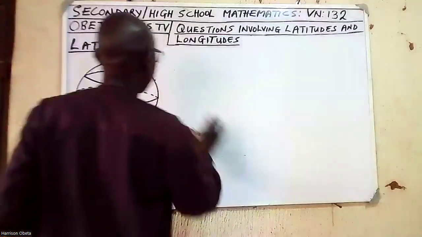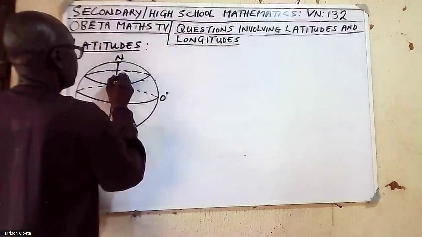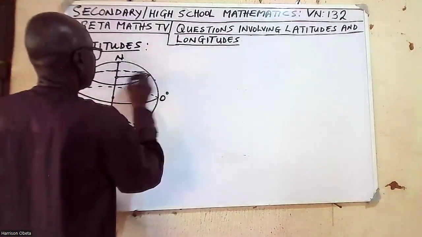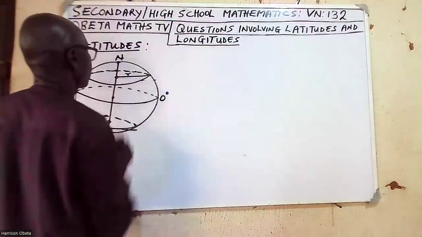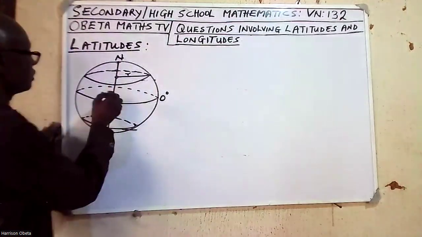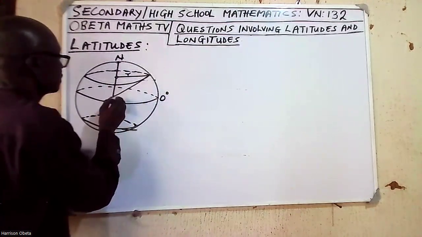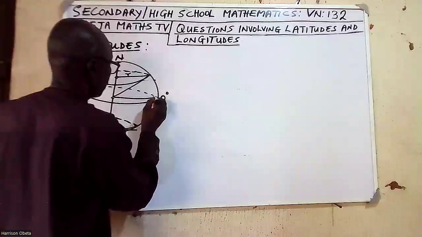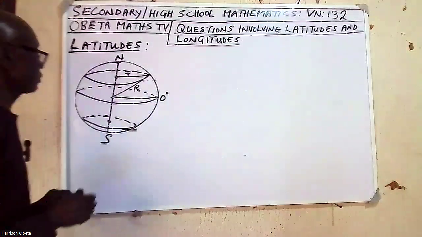Assuming this is my 0 degree, then this is the center, this is the center, and then from here to here is small r. This is our big center. So I can have something like this, and this is also another radius. Why this is capital R, this is small r.